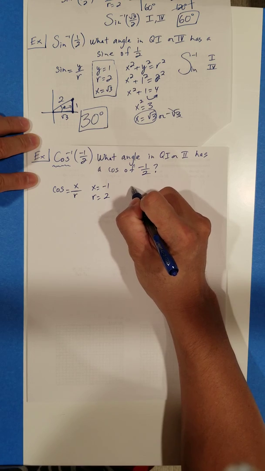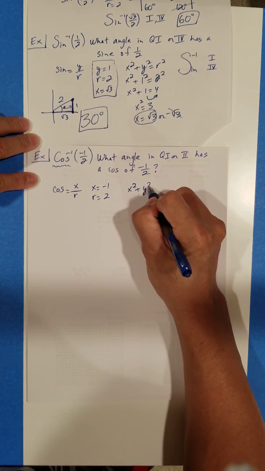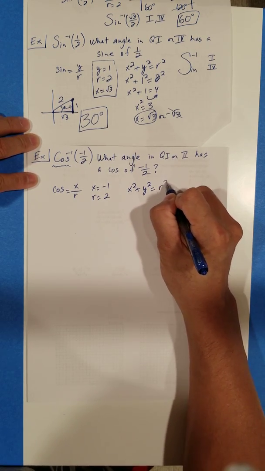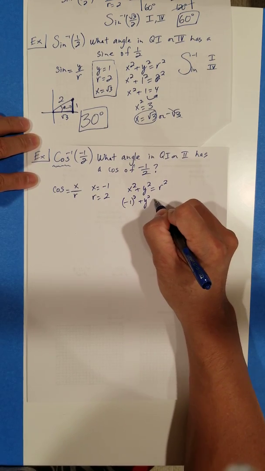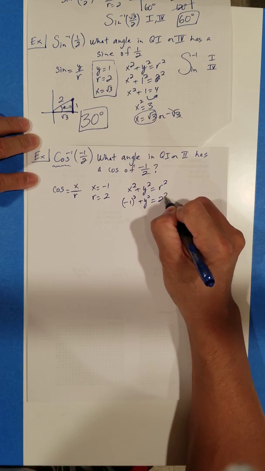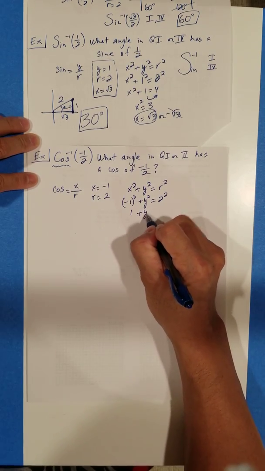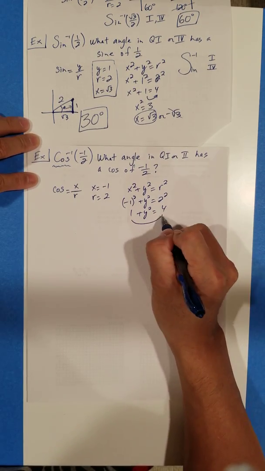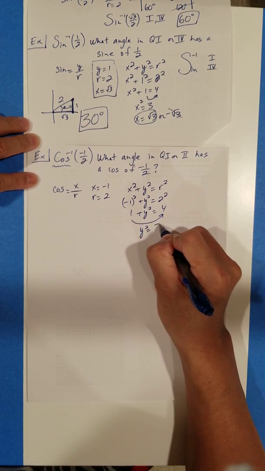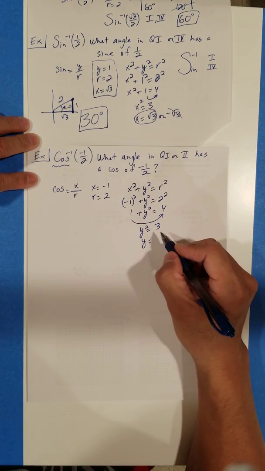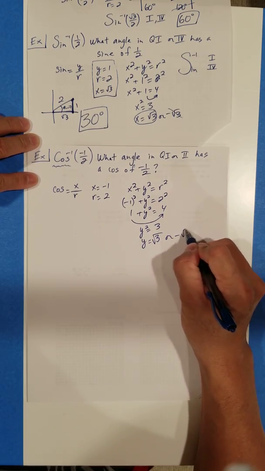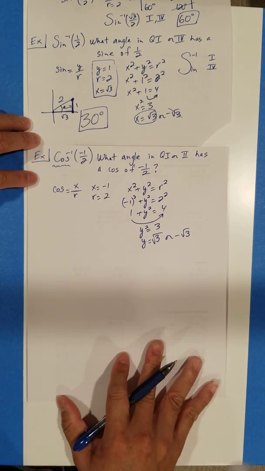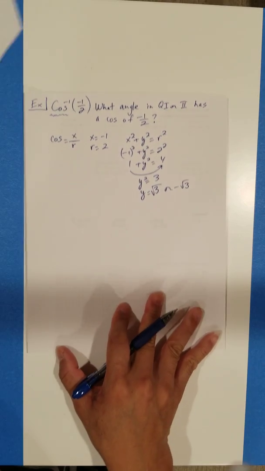X squared plus y squared equals r squared. So -1 squared plus y squared equals 2 squared. So 1 plus y squared equals 4. Bring the 1 over. Y squared equals 3. That means y equals radical 3 or negative radical 3. Okay, so let me slide that up here.